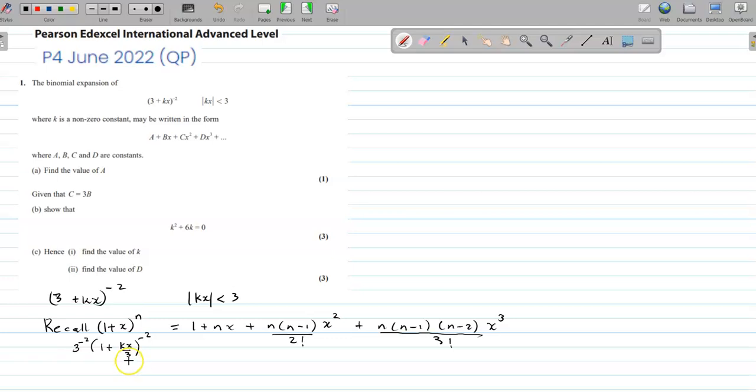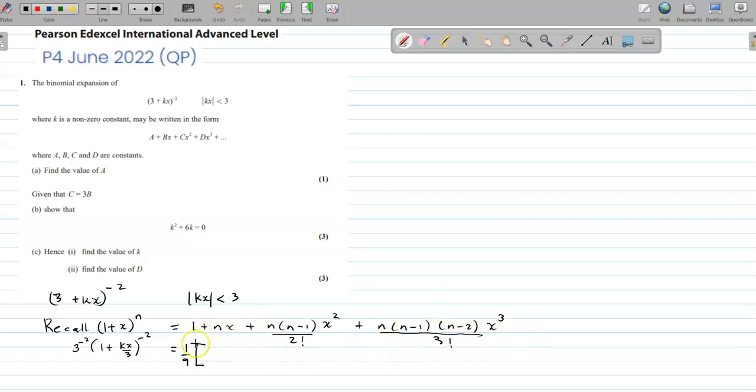So n is minus 2, and x represents kx over 3. We will distribute the 3 to the minus 2 after we work out everything in here. 3 to the minus 2 is the same thing as 1 over 9.